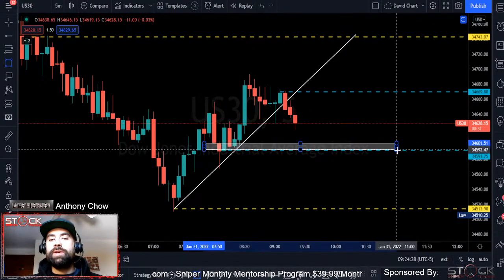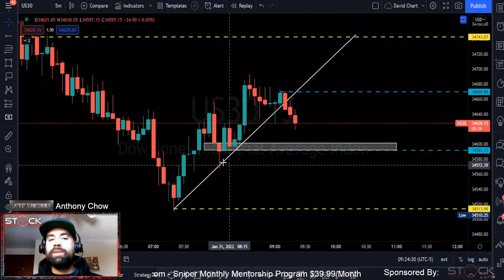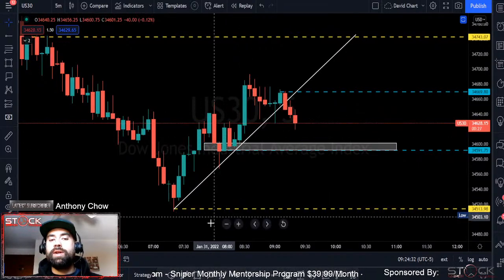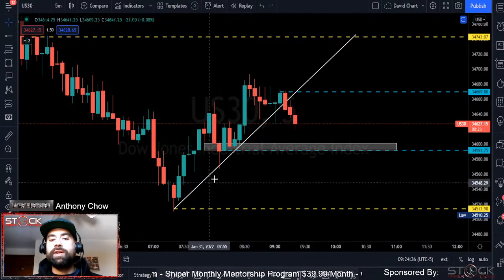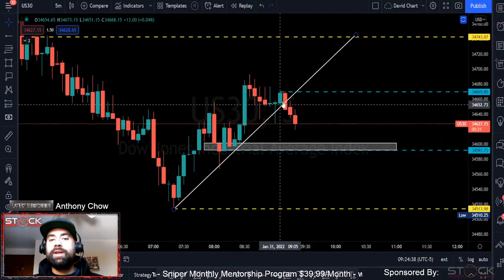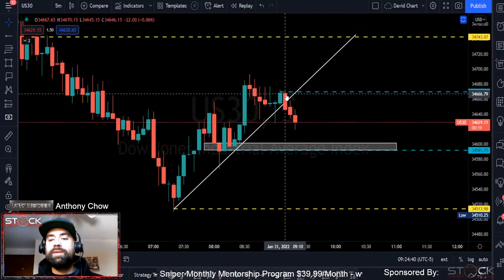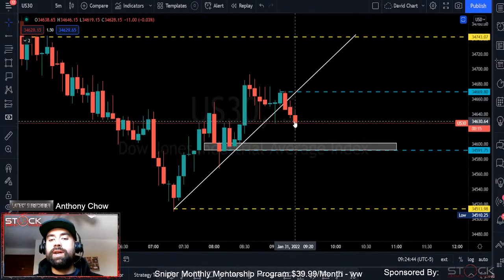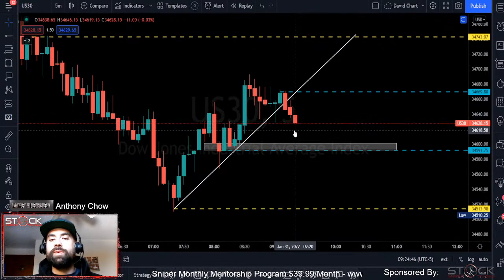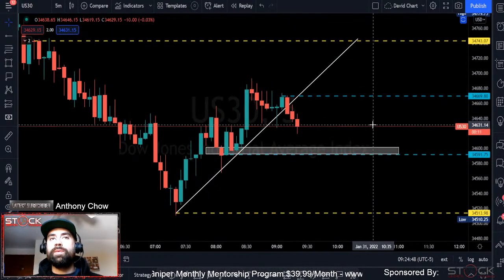You can see you have a demand area right there. In terms of 5-minute, price came back down here, pushed up, and then same right here. We have nice buyers having an engulfing candlestick. That's where the start of the uptrend formed on the 5-minute. We just broke it at around 9:10, which is about 15 minutes ago, and this is the current candle we're on, the 9:20, leading into 9:25.